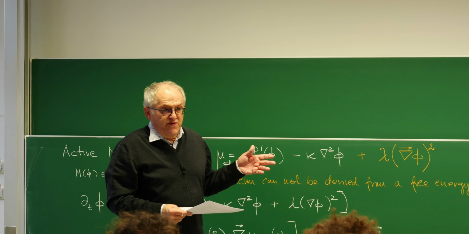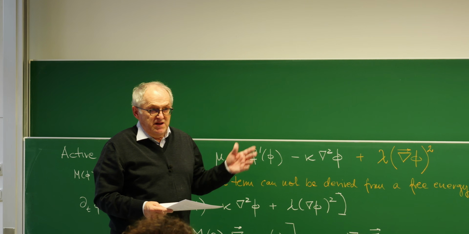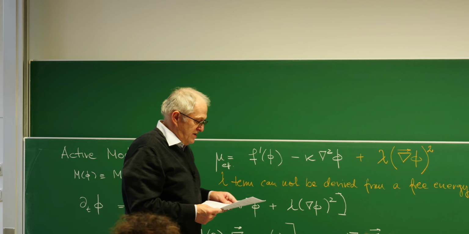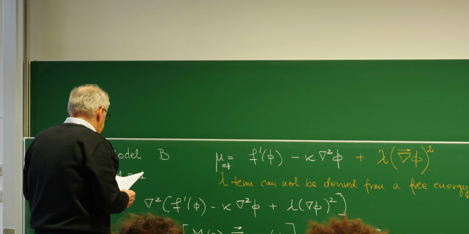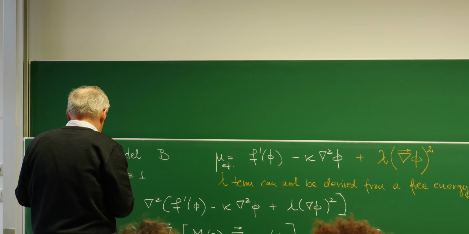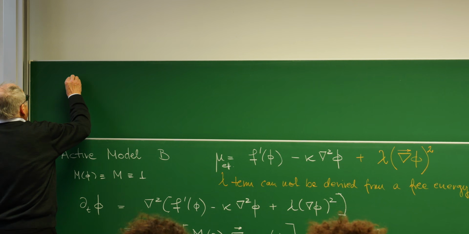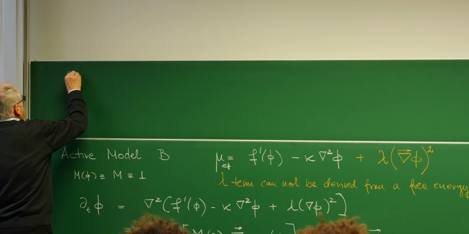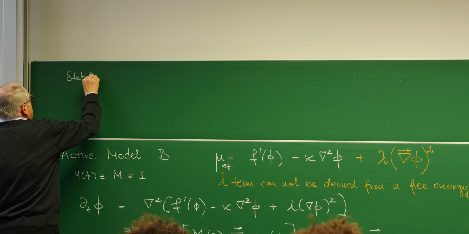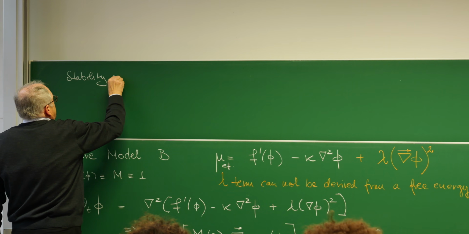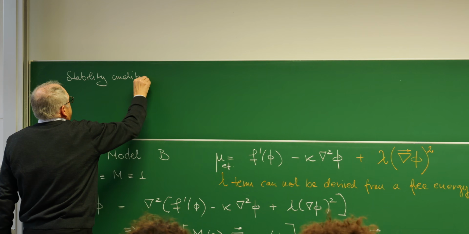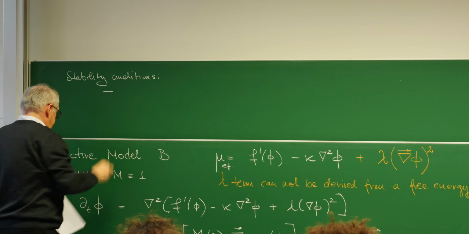Okay, so it's very straightforward. All you do is you generalize this to something that contains the wave vector dependence. And now we can find the stability conditions for that.